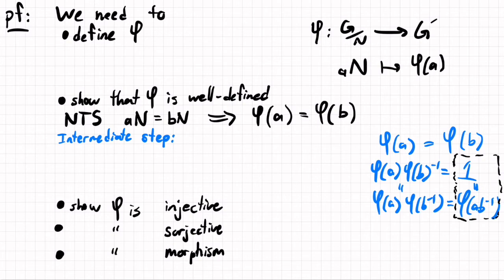So this is the same thing: phi(a) equals phi(b) is the same thing as saying that phi(ab inverse) equals 1, i.e., I guess we should say ab inverse is in the kernel of phi, which is N.